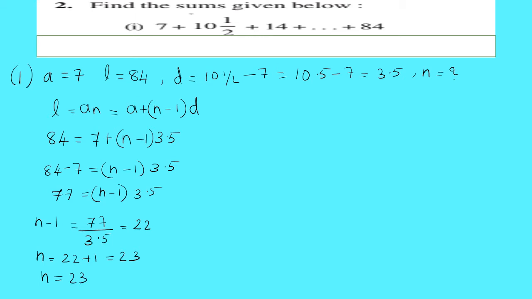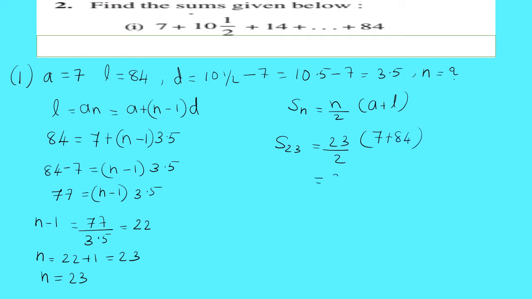So you are getting n equal to 23. That means you have to find the sum of 23 terms. So you can write it as Sn. Here you can use the formula Sn equals n upon 2 multiplied by a plus l, because the first and last terms are given and we have found n as 23. Therefore, S23 equals 23 upon 2 multiplied by a is 7 plus 84.